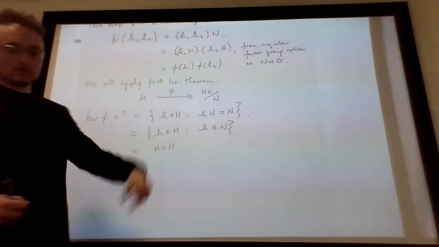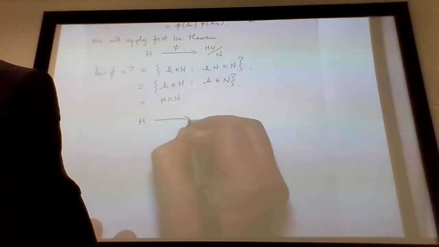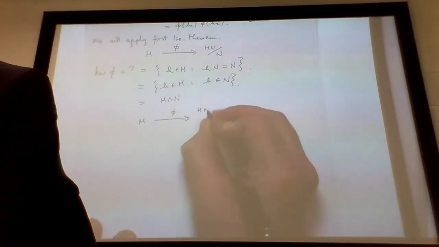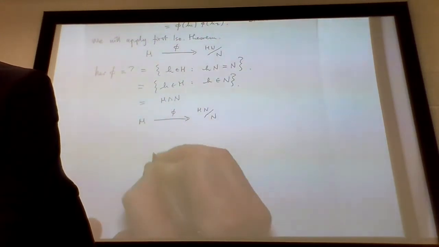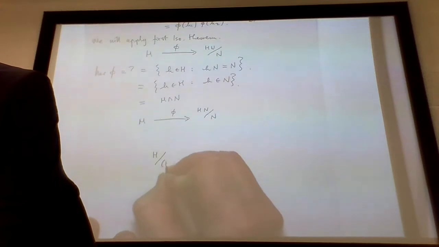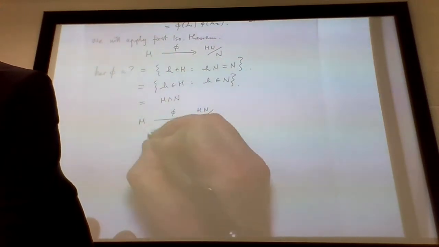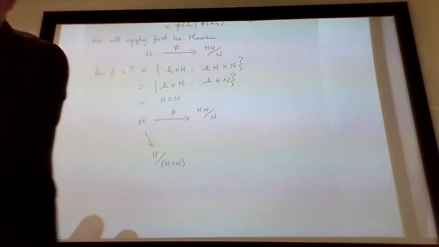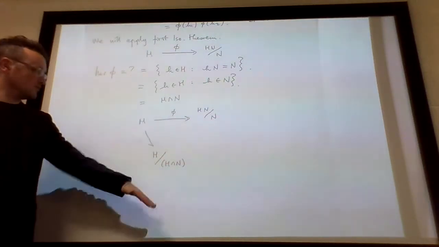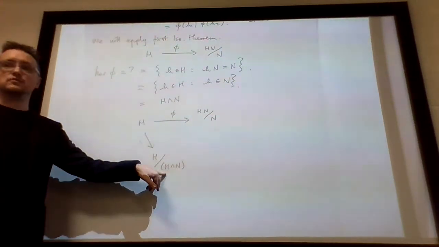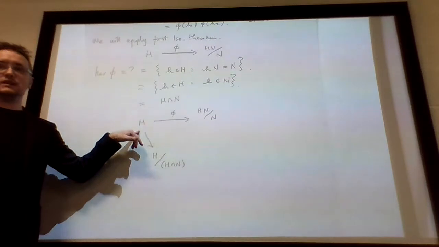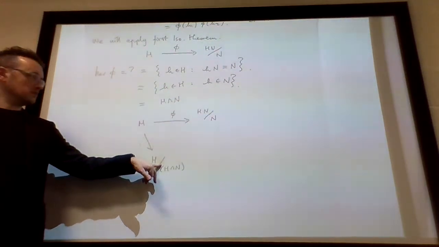So we can complete our triangle from the first isomorphism theorem. Down here we have H mod H intersect N. That is just the usual natural homomorphism from a group to a factor group of itself, sending each element to the coset it generates.